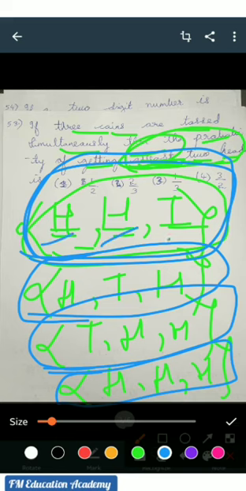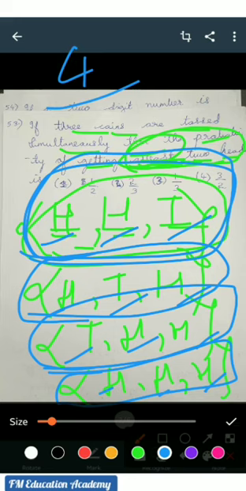So whenever we throw a coin 3 times, what is the possibility of getting 2 heads? Number of probable outcomes is 4. So 4 by, what is the total outcomes? Remember, the formula to find out the number of outcomes when a coin is thrown is given by 2 power n. So here how many times is the coin thrown? 3 times, and 3 coins are tossed, so 2 cube.